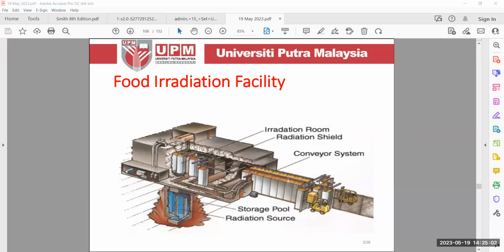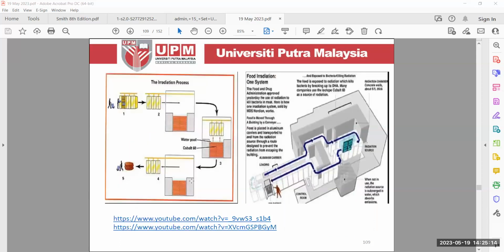This conveyor system would move your product and then submerge it into a radiation pool. Okay, so you would have radiation with water as the medium. Again, this is one of the methods of doing so. You can just submerge your food product, then you take it out and it will be moved somewhere else.